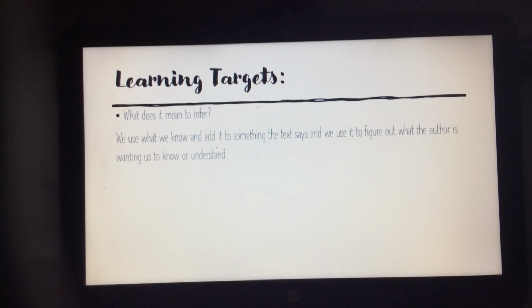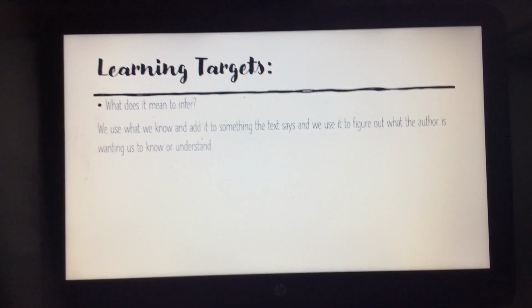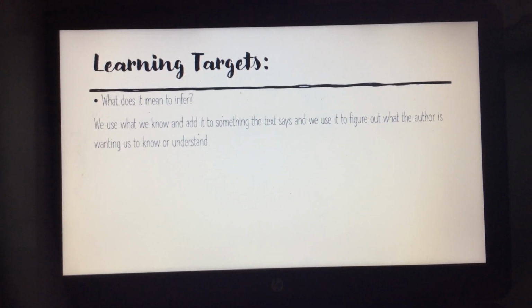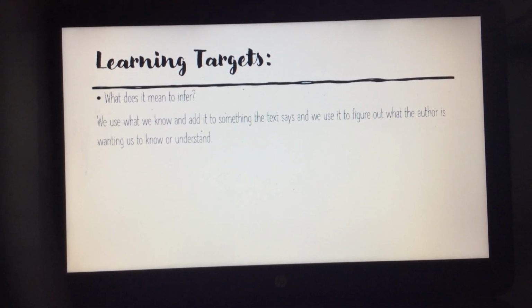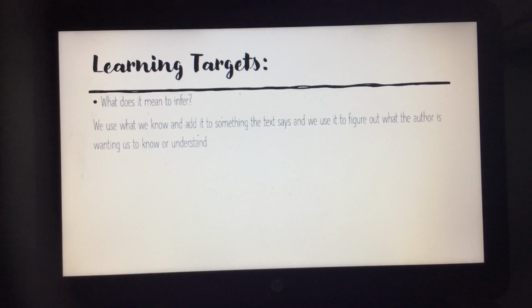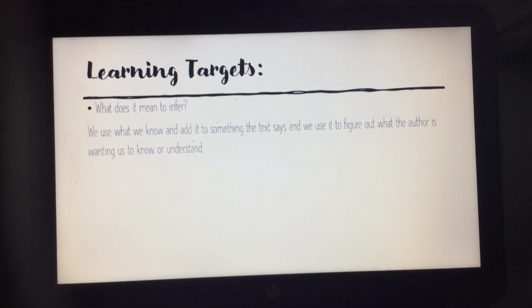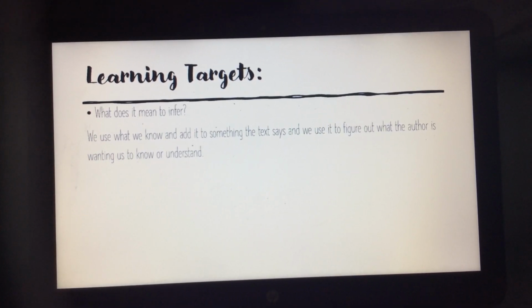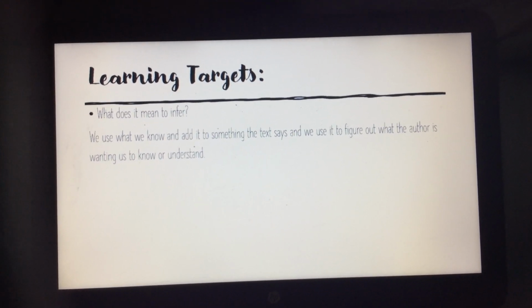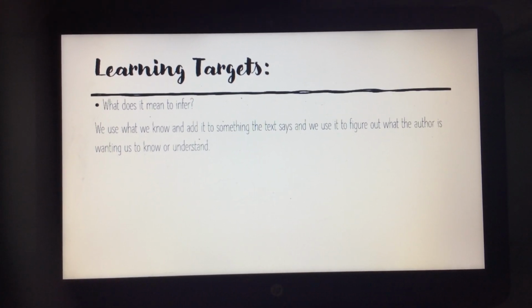Okay, we use what we know and add it to something the text says, and we use it to figure out what the author is wanting us to know or understand. So remember, when we infer something, we take something that we have already learned and it is in our brain, and we take something that the author or the text is telling us, and we put those two together to figure out exactly what that author is wanting us to know or understand.